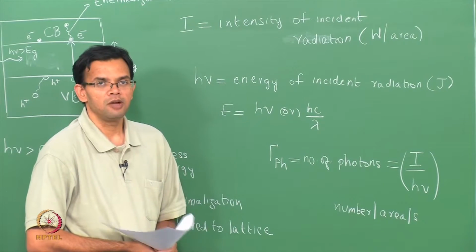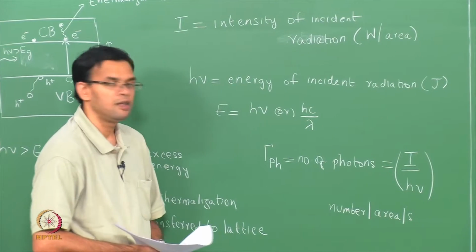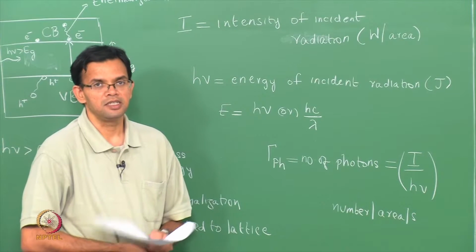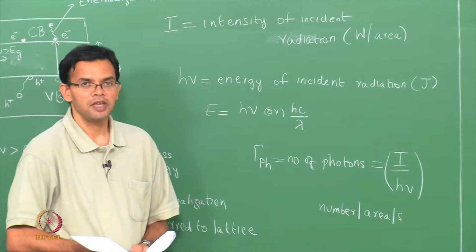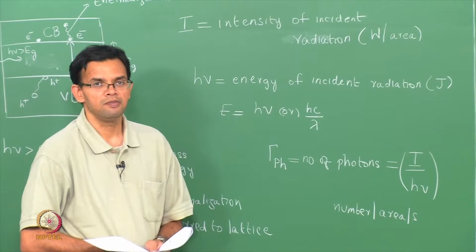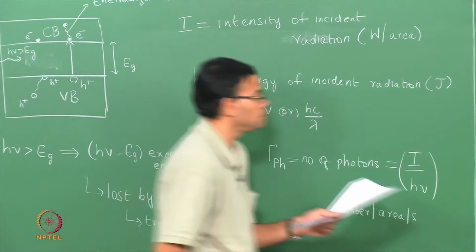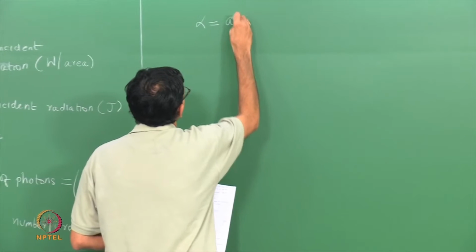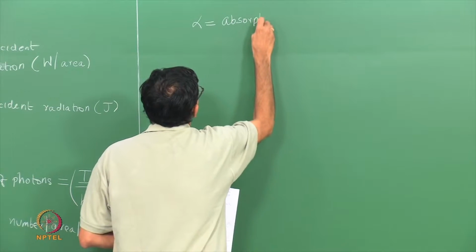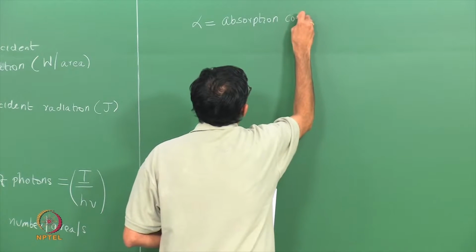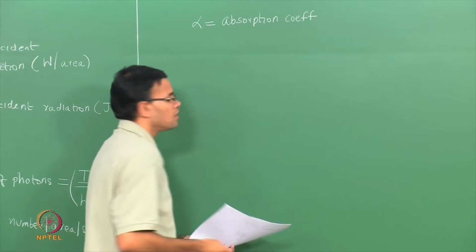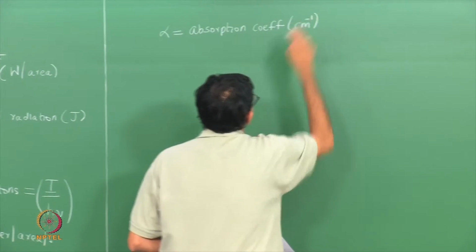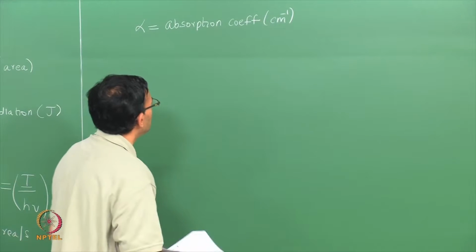So, we talked about the absorption of light by a material, especially a semiconductor, and we say that light gets absorbed when the energy is greater than band gap. So, this we can quantify by introducing a term called the absorption coefficient. So, we define a term alpha, where alpha is called the absorption coefficient. It has units of centimeter inverse or length inverse. So, it could be centimeter inverse or meter inverse and so on.